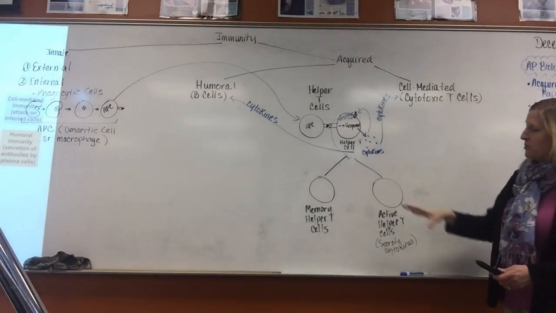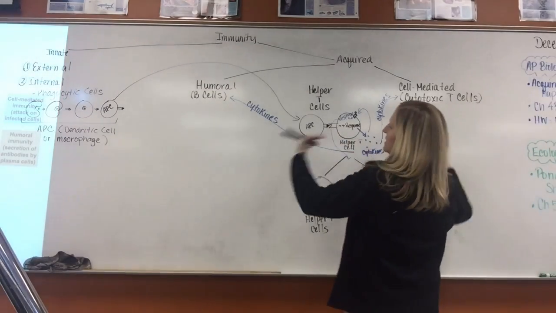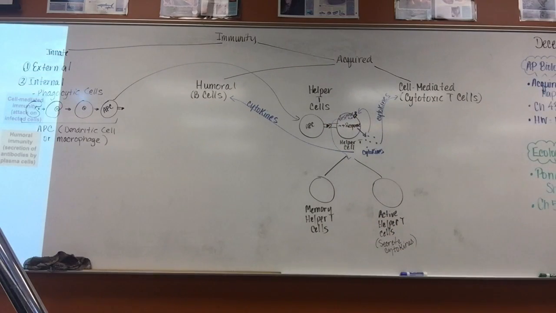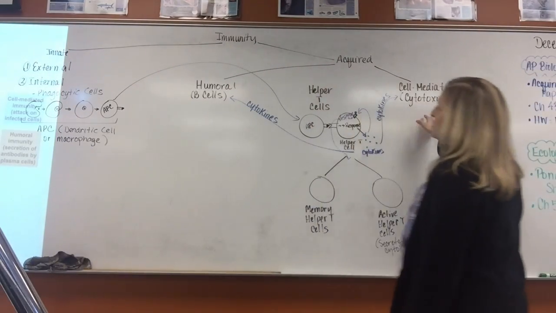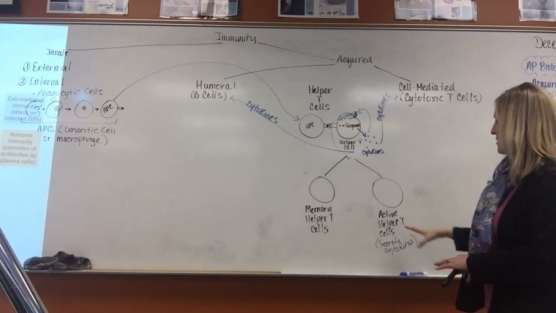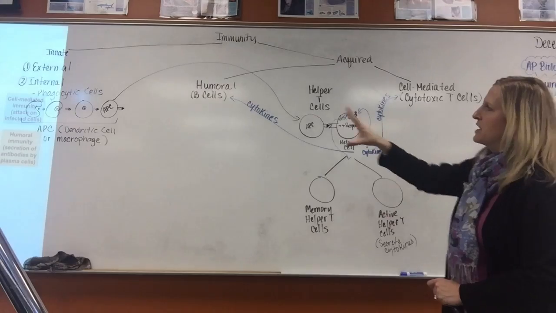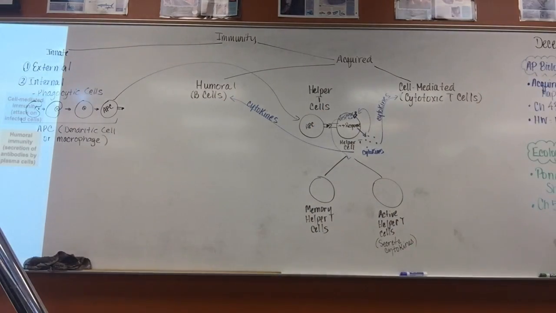So that's the whole purpose of the helper T cells, is to release these cytokines to cause these B cells and cytotoxic T cells to become active. So that's why they're kind of in the middle. They're helping. They're not really involved in either one of these. Notice that the helper T cells, they're not doing anything directly to help with the infection other than to support these 2 other types of cells.